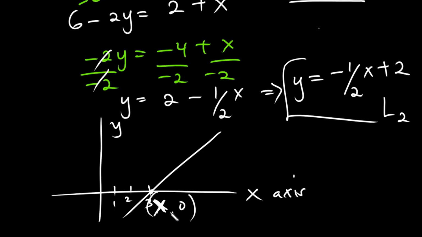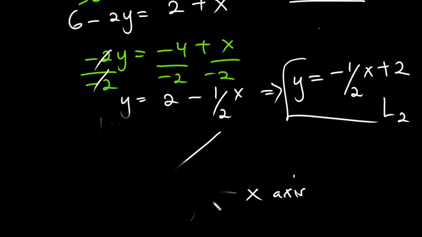One thing that you need to know is that at the x-intercept, the y value is always 0, and that is the idea that we are going to use for this question.